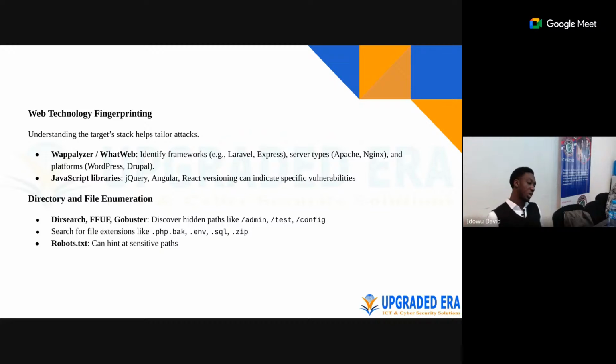Yes. Also, now we move to directory and file enumeration. Directory searching tools like dirsearch, ffuf, and Gobuster help to discover hidden paths like admin paths, test paths, and config paths.